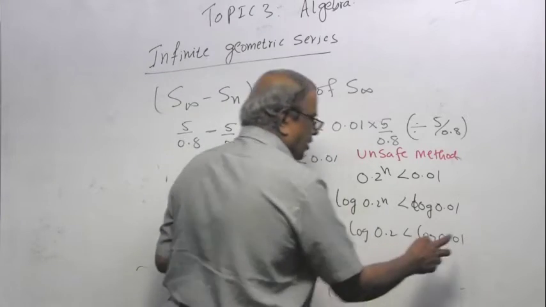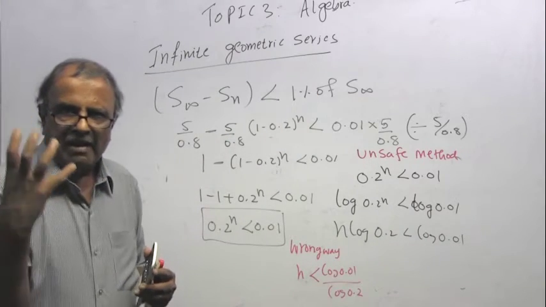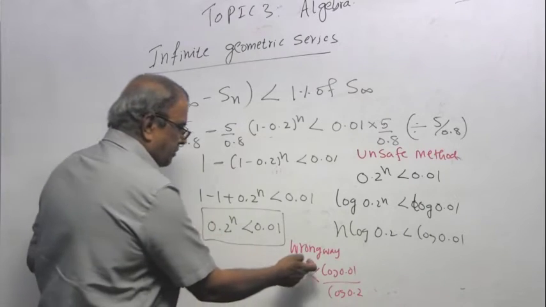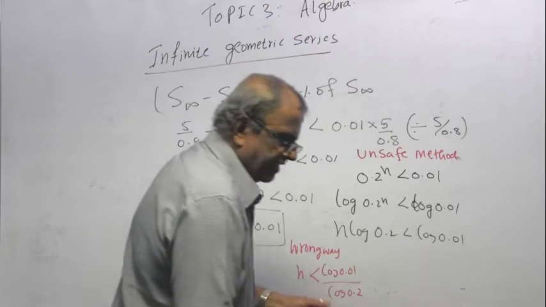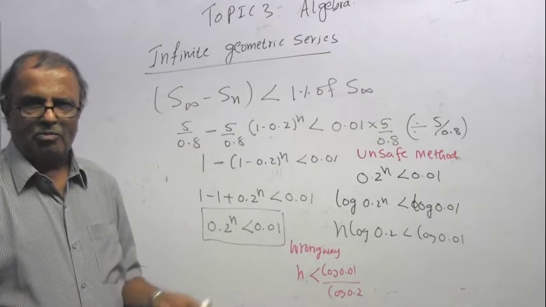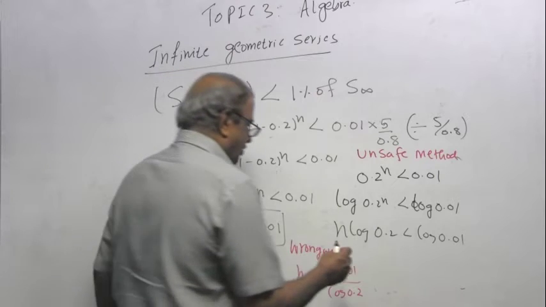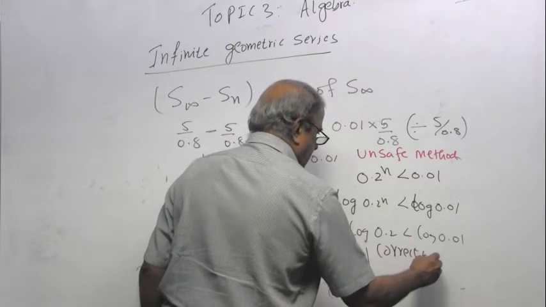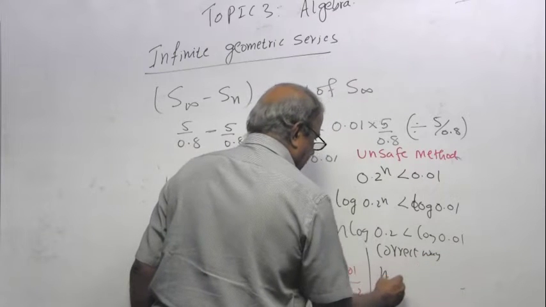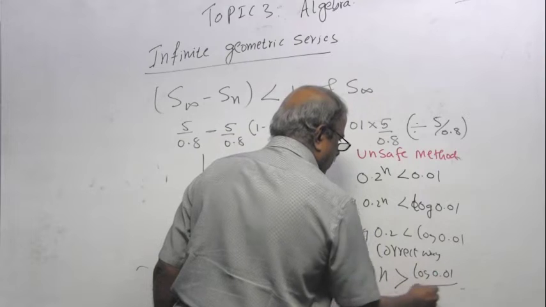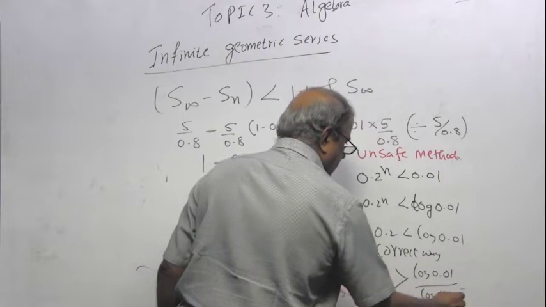When you divide by log of 0.2, you are dividing by a negative number. So if in the exam you write this, the examiner knows you do not know that log of 0.2 is negative. So the correct answer is n greater than log of 0.01 over log of 0.2.